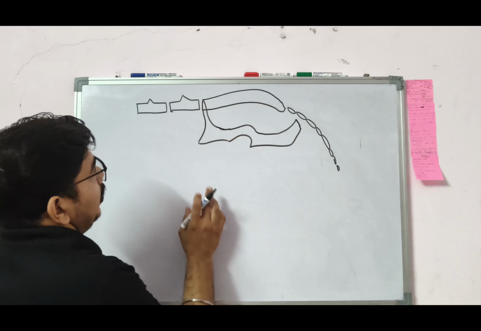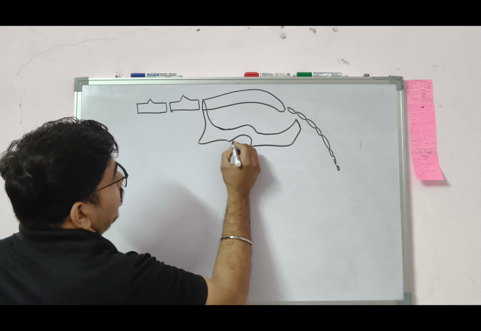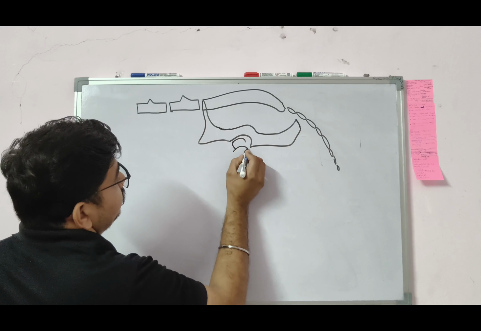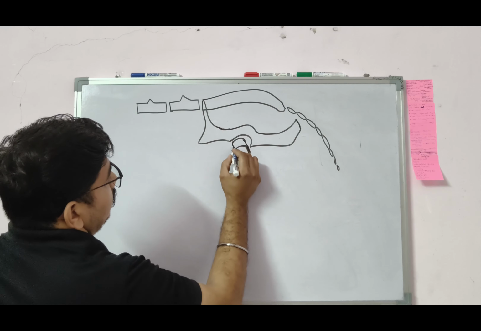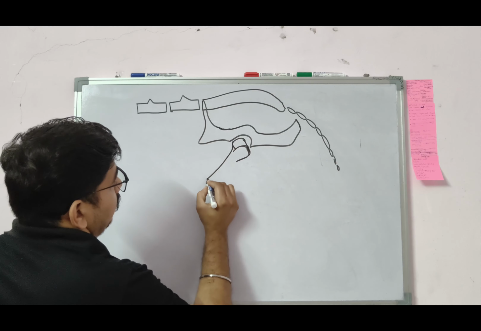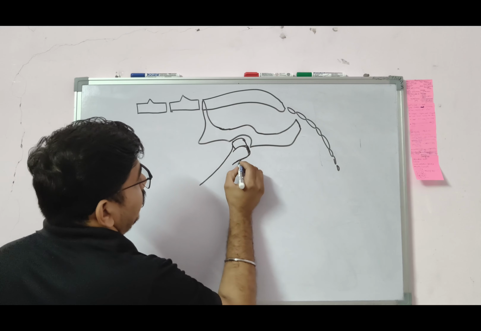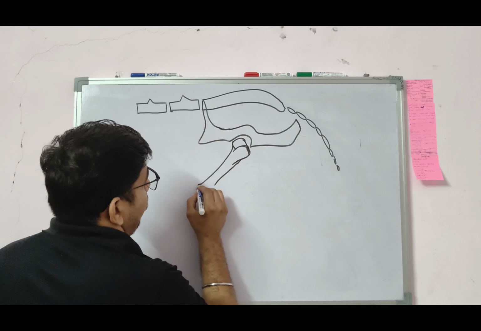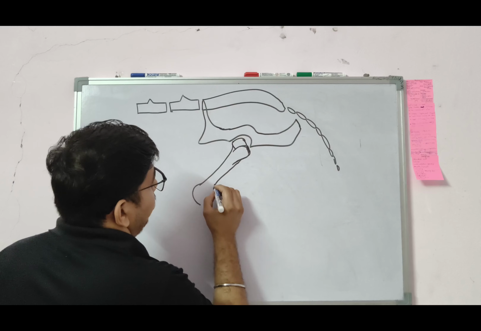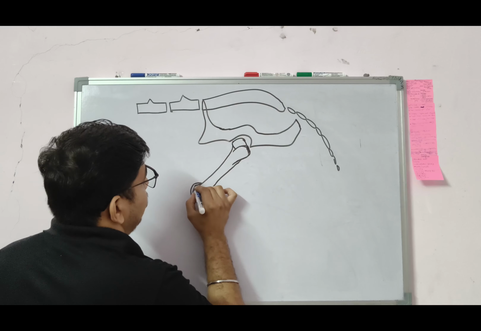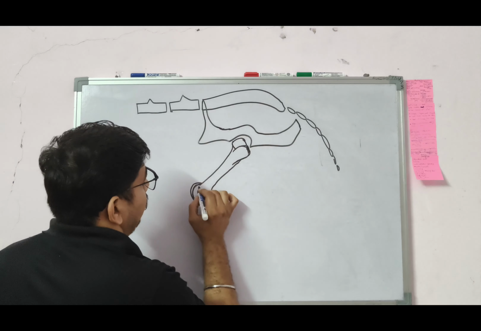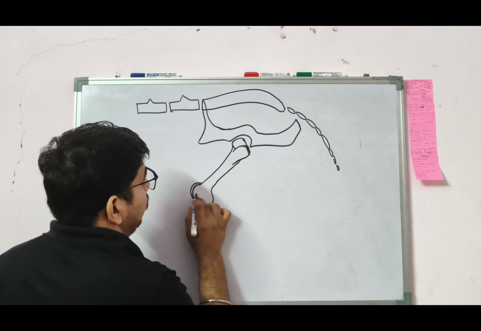Okay. Now we are forming the head of the femur. You can see that it is the lateral part which is placed obliquely downward and forward. These are the trochlea.